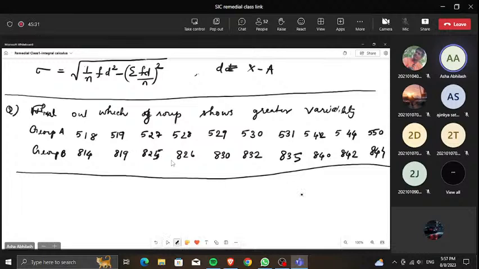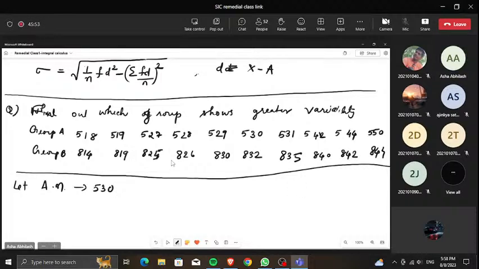So in the question itself, consider the assumed mean as 530, which is coming in between.